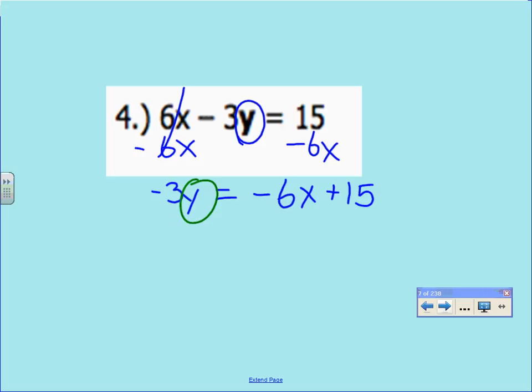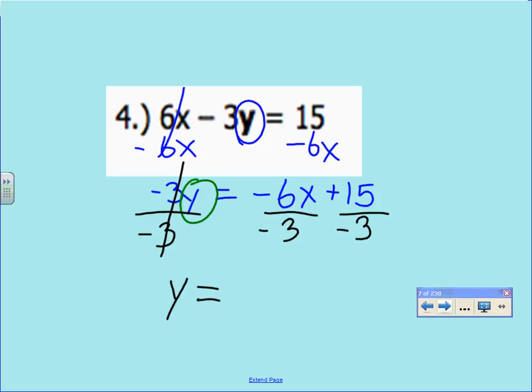We now divide both sides by -3, but I'm going to put 3 lines here. Divide by -3 here, as well as on the other side. But since there's 2 terms, I'm just going to try to keep it simple. I'm going to put 2 division bars. Watch the negative on this one. -3 divided by -3 is 1. So that cancels. That's gone. We are left with y equals, Melissa, what's -6 divided by -3?